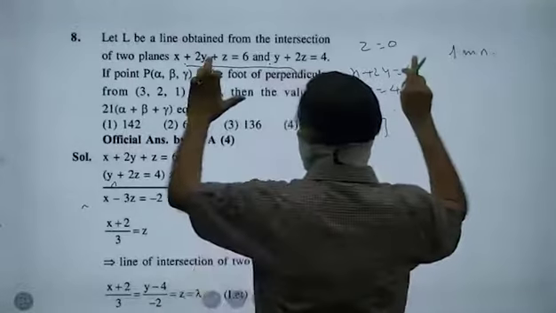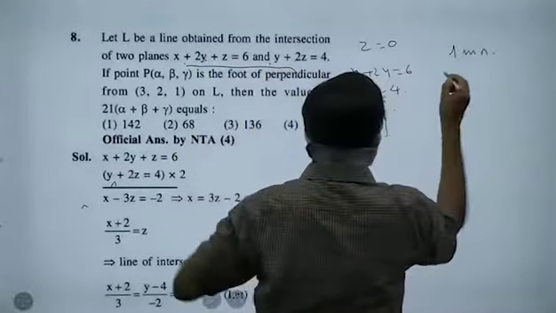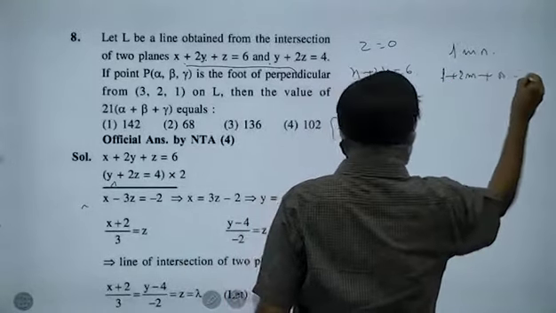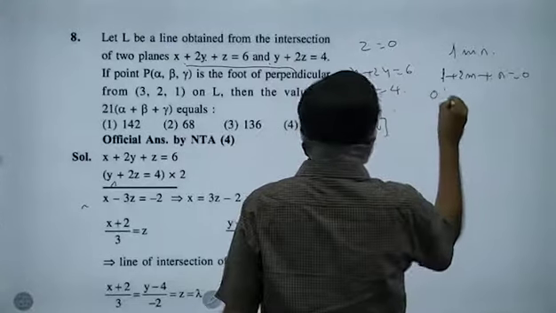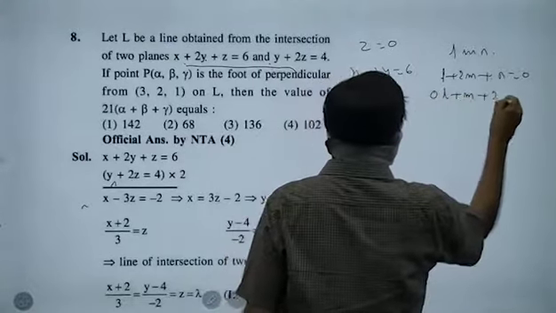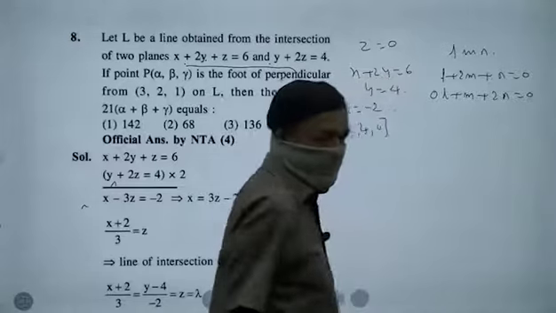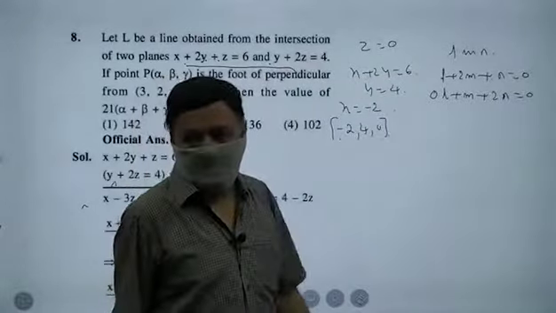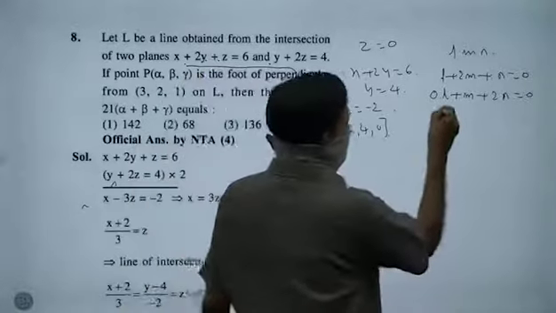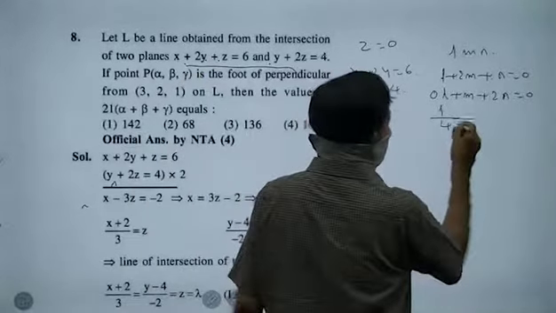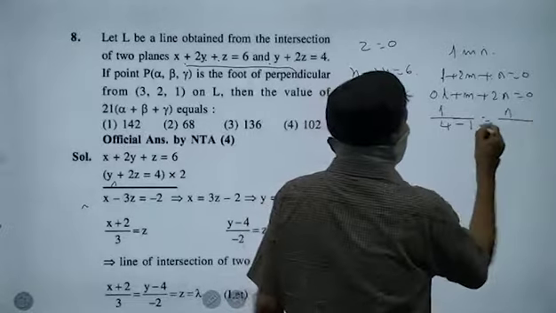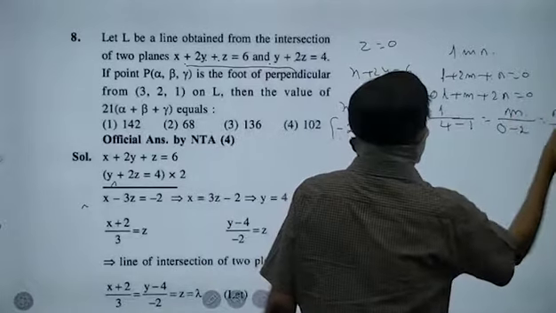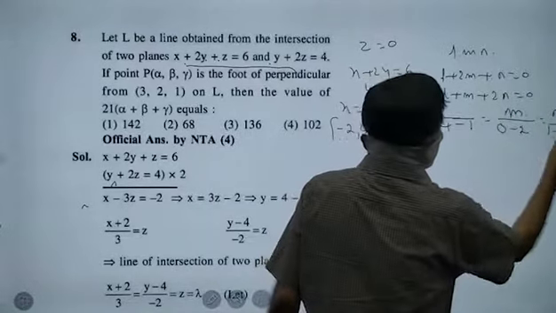The line is perpendicular to this normal and this normal. So, l plus 2m plus n is 0, and 0l plus m plus 2n is 0. The line is perpendicular to this normal as well as this normal. So, you will get l by 4 minus 1, m by 0 minus 2, n by 1 minus 0.